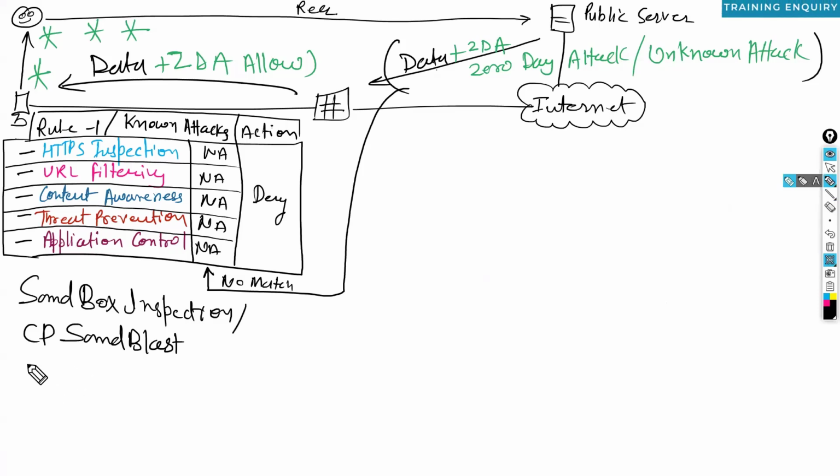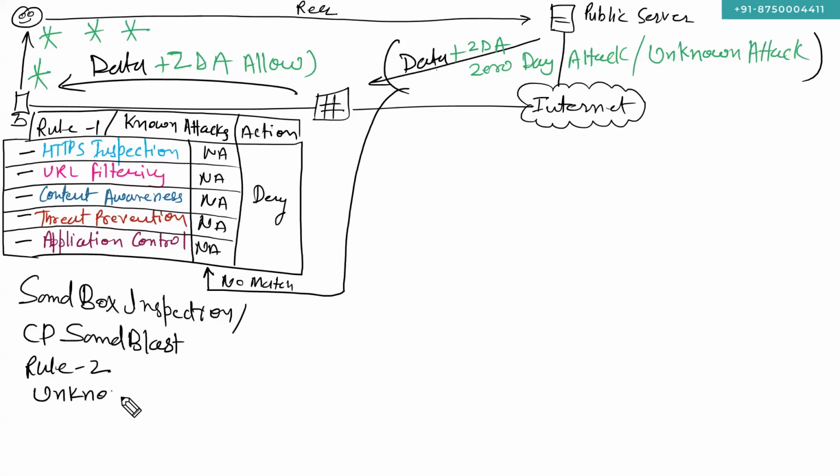In Checkpoint SandBlast we create a second rule, and in the second rule we tell the firewall that if you have an unknown attack, then take this action.